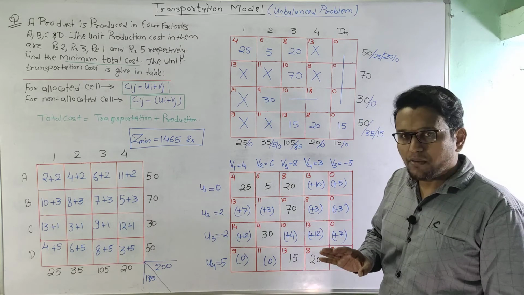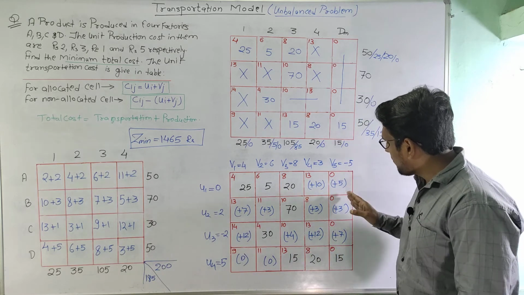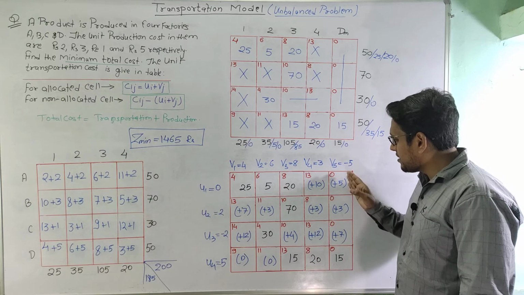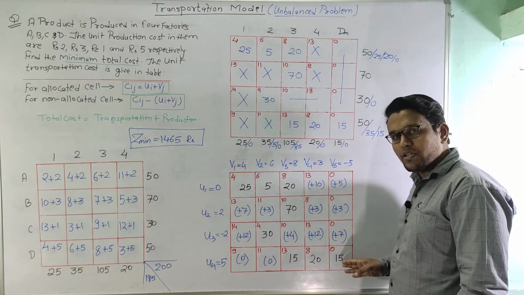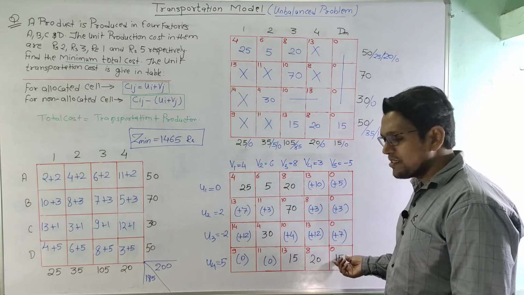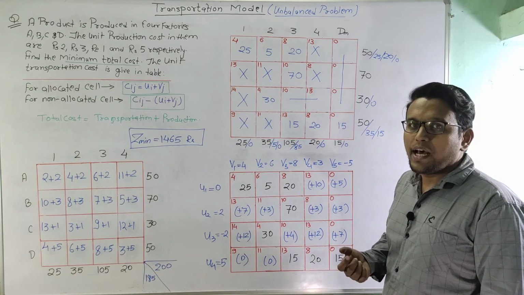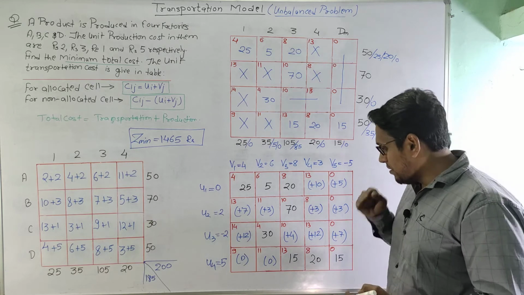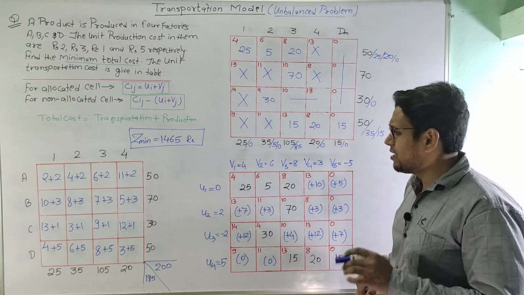So in an unbalanced problem, whatever quantity appears in the dummy column or dummy row after the final matrix represents the unused supply or the shortage in the demand.